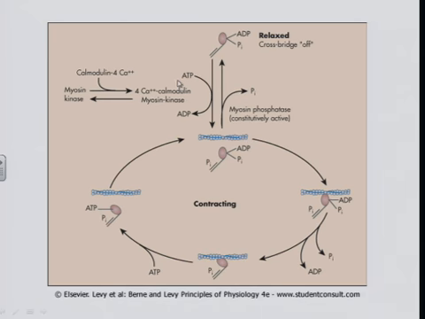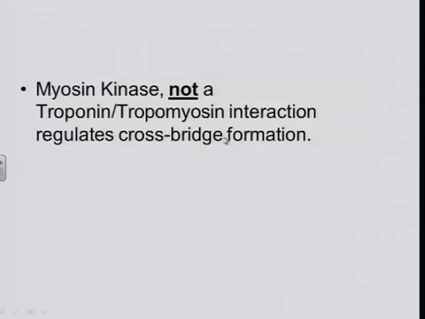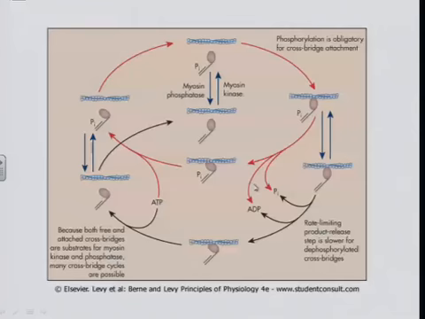Calcium goes in here, and instead regulates an enzyme. And that has some advantages. But the important thing to remember, in the smooth muscle, it's myosin kinase, not a tropomyosin troponin interaction. Okay, so completely different mode of regulation, and that gives you some advantages when you're a smooth muscle.